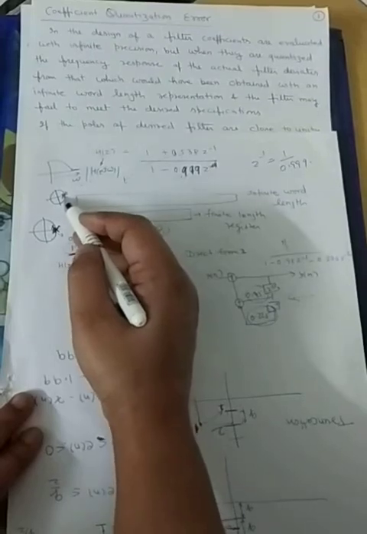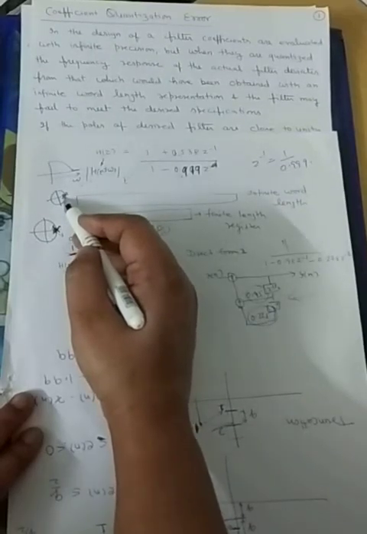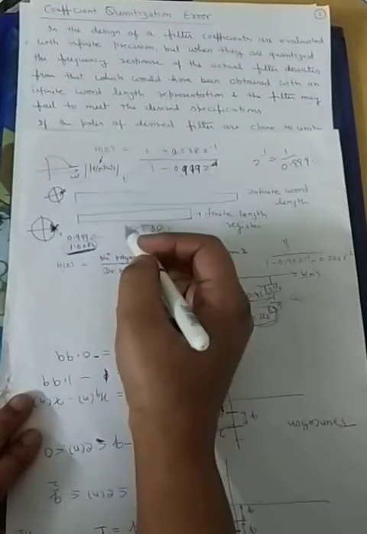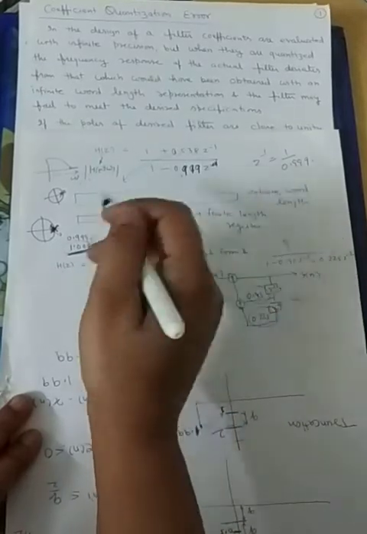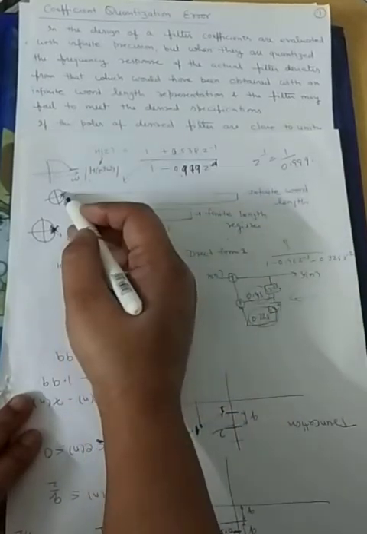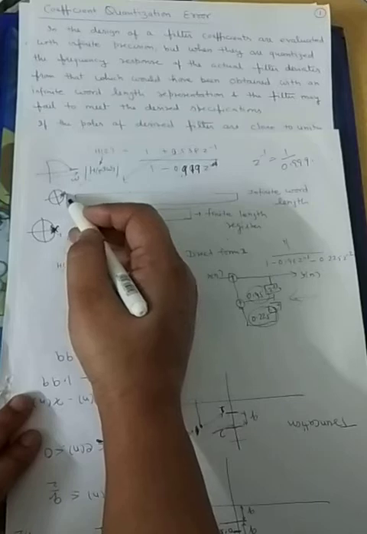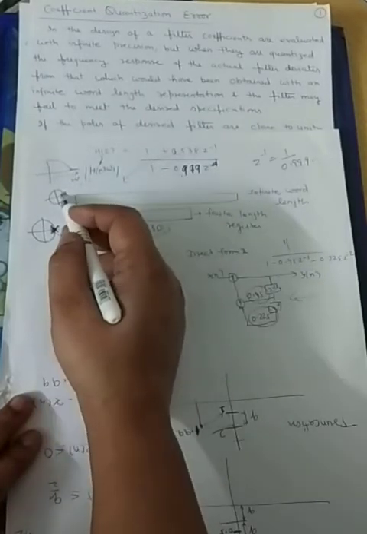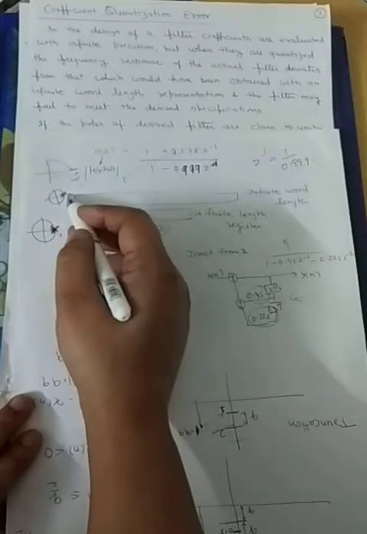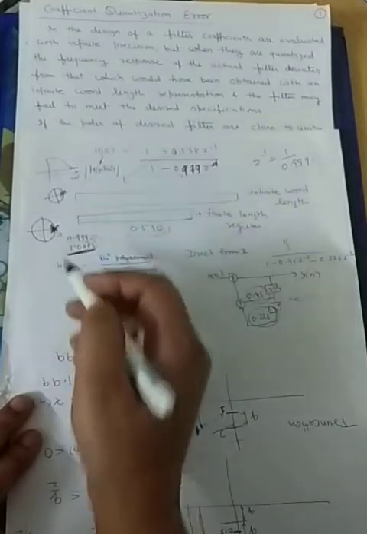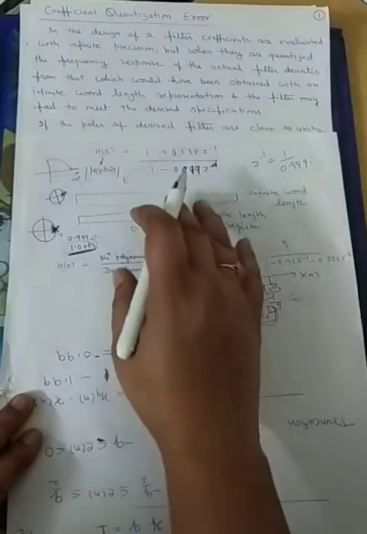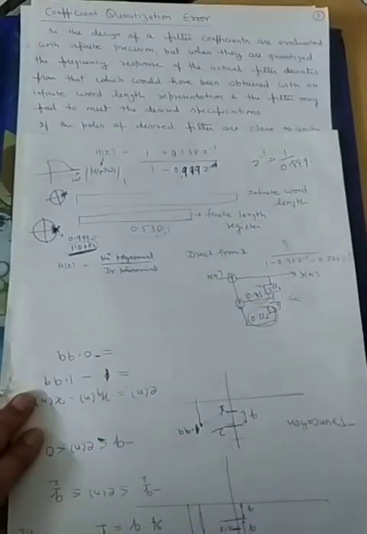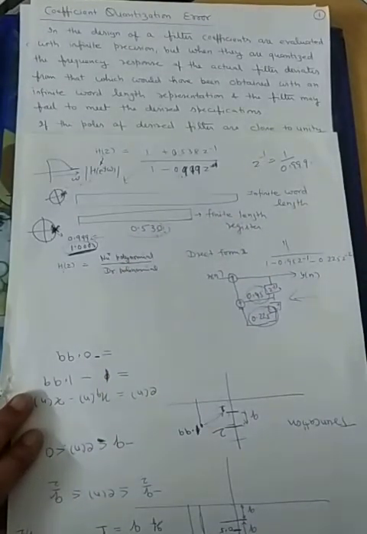So in actual we have designed a stable filter, but because of this finite word length, we are obtaining a filter that is unstable, because the pole in practice lies outside the unit circle. So the coefficient quantization error plays a very important role and it must be considered.